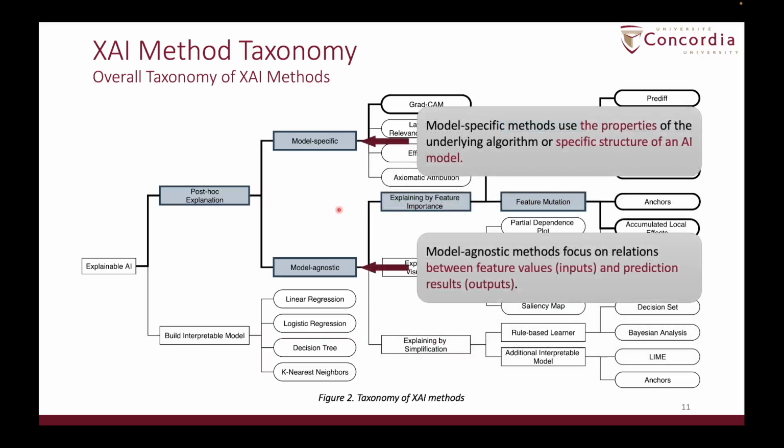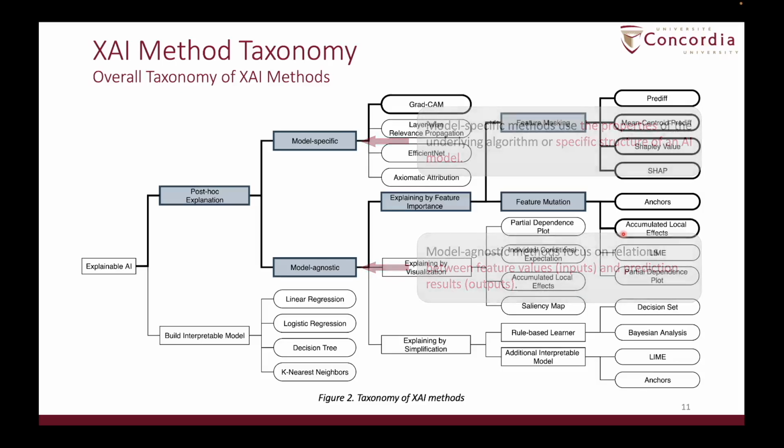Under the post hoc explanation, we further summarize two categories: model-specific and model-agnostic methods. The model-specific method means we can only use those methods on the specific model as they leverage from the structure of the model. The model-agnostic method means we treat the model as a black box by focusing on the relationship between input features and the output prediction.